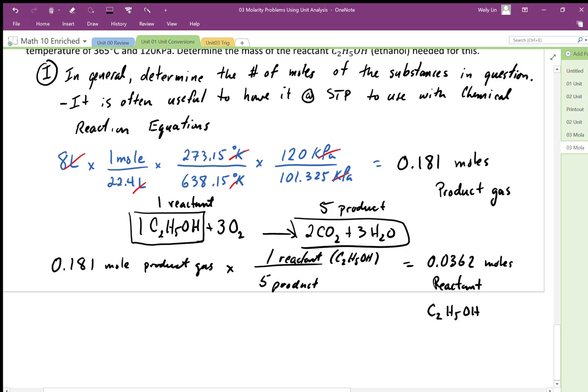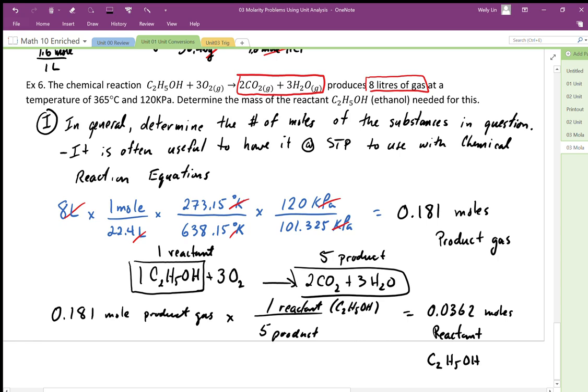Okay, so I could really do this last part in one step. Once we have the balanced equation, we can use that ratio to convert moles of product to moles of reactant, or whatever ratio I need to use to determine the part of the equation I'm trying to find out.